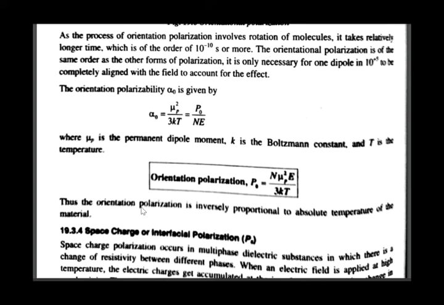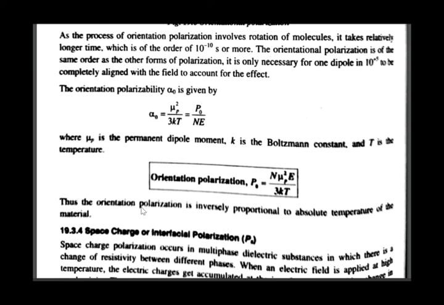account for the effect. The orientation polarizability alpha naught is given by, look at the expression, alpha naught equals mu p square divided by 3 kT, which is p naught divided by N into E, where mu p is permanent dipole moment, k is Boltzmann's constant, and T is the absolute temperature.